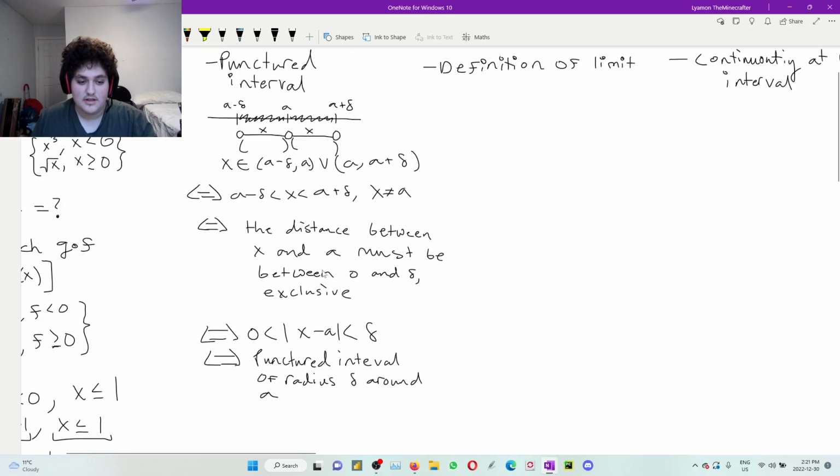That's fine as well. You can also say that the distance between x and A must be between 0 and delta exclusive. So it can't be 0 and it can't be delta. So then you can write it with absolute value, because absolute value just gives the distance between 2 points, right?